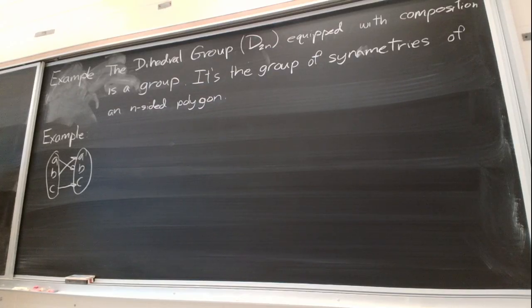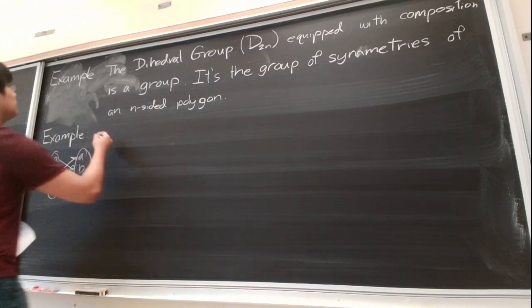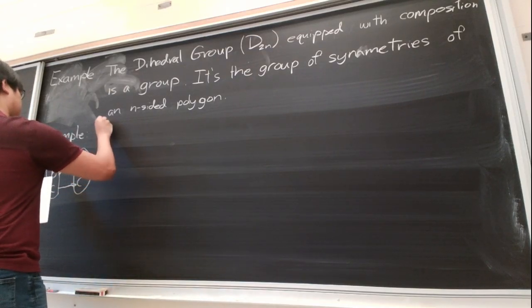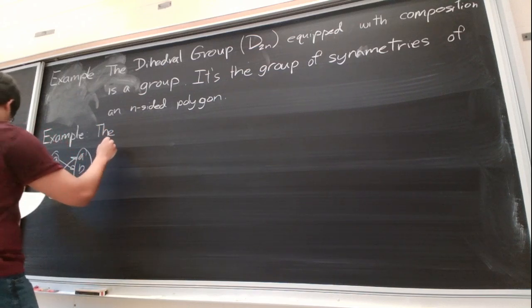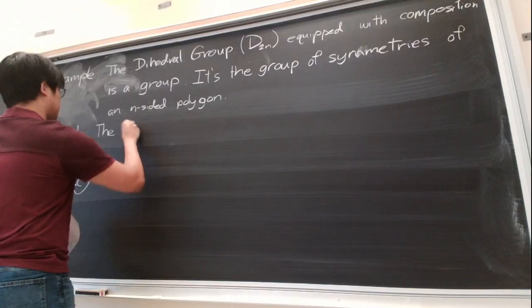What is this set? It's the set of all invertible maps from a finite set to itself, with n elements.